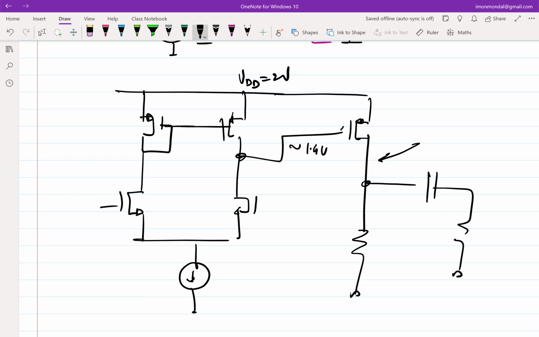What is the maximum this output voltage can go to? 1.9. Is there a constraint on the minima? Can this final output go as low as possible without affecting, let's say, M5? It can go, right? So it's a flipped equivalent of NMOS. In NMOS, the drain voltage can go as high as possible without affecting the saturation condition. In the PMOS, the drain voltage can go as low as possible without affecting the saturation condition.